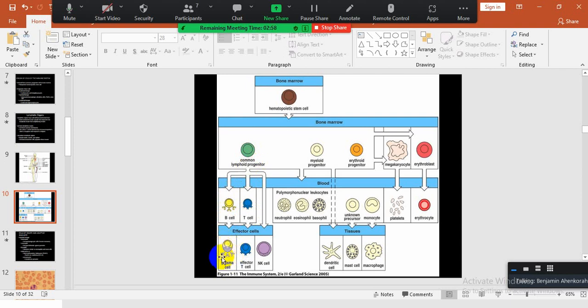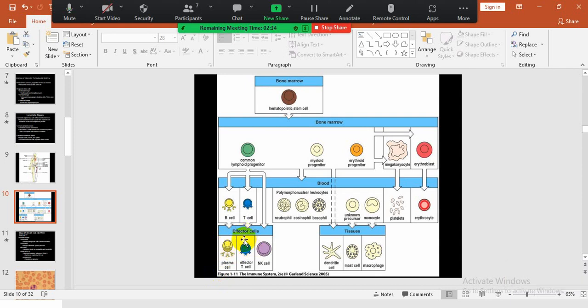Antibodies. So you can see antibodies, three of them: 1, 2, 3 over here. Can you see the antibodies? And this yellow round thing is the plasma cell.